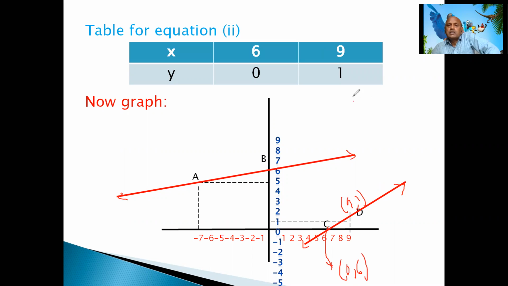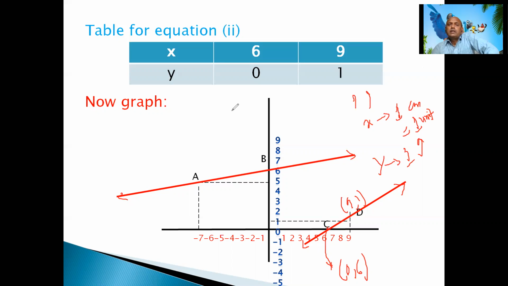Here as a scale you have to write on x-axis, 1 centimeter is equal to 1 unit, and on y-axis 1 centimeter is equal to the same thing, that is 1 unit.